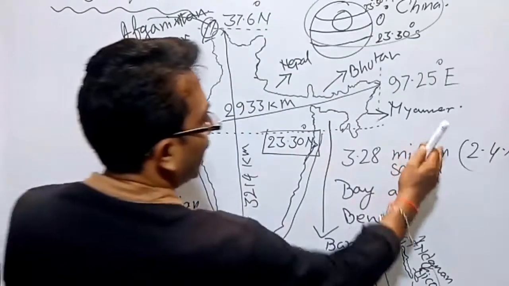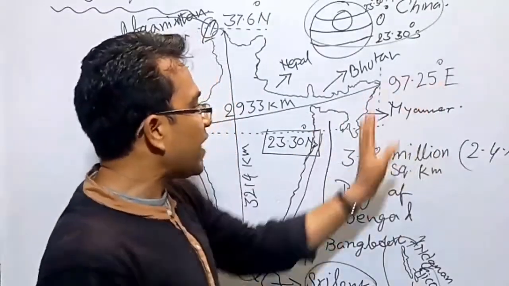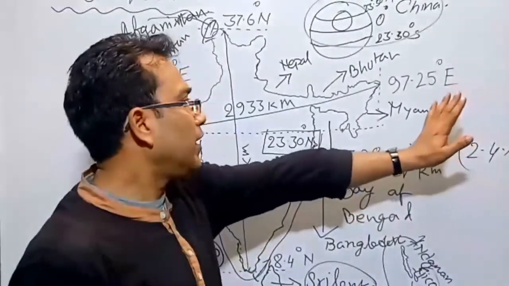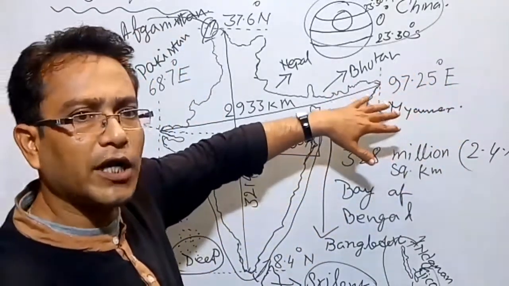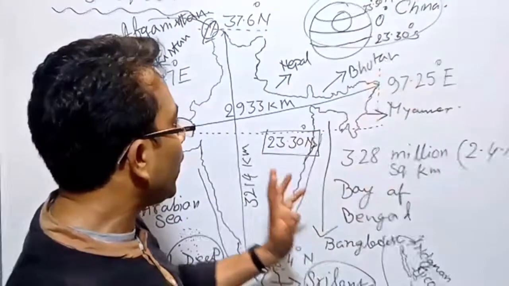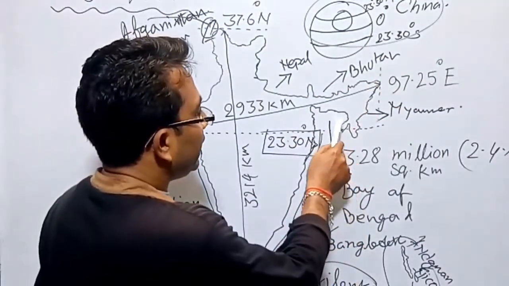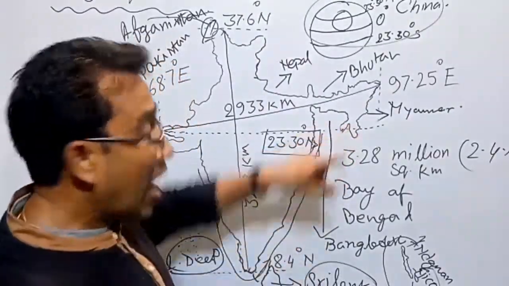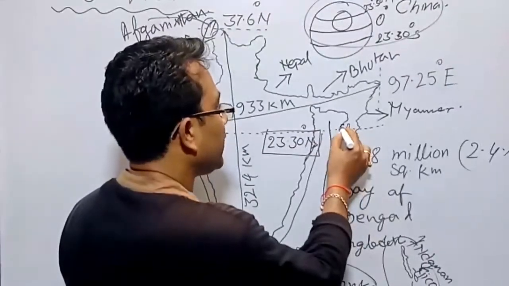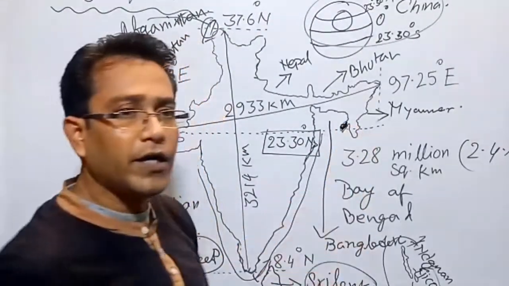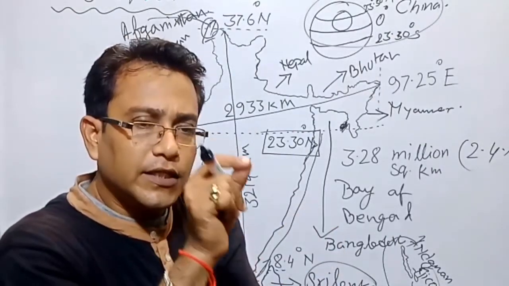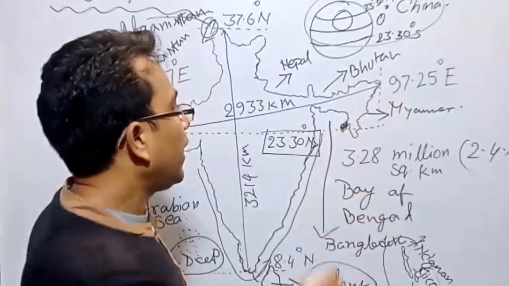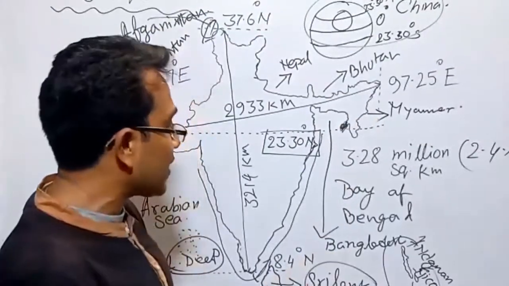On the eastern part it is Myanmar, covering the Arunachal Pradesh, Nagaland, Manipur and Mizoram border. And here it is Bangladesh; our state Tripura is covered on three sides by the Bangladesh border, and one part is connected with Assam.